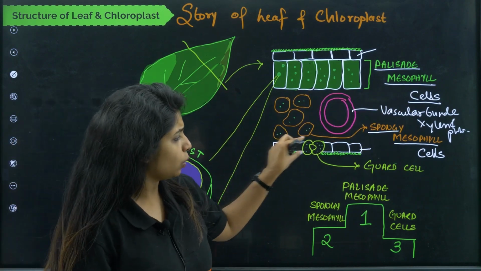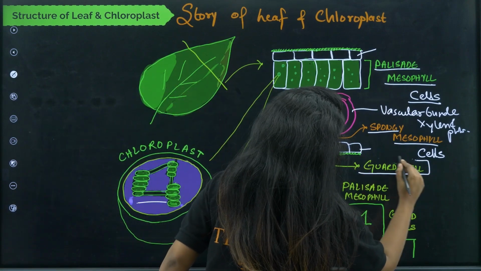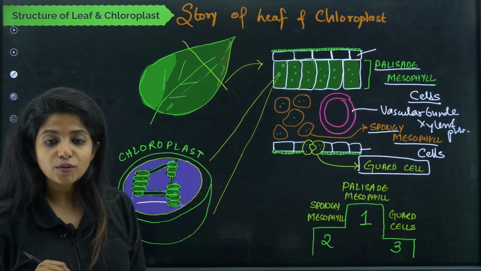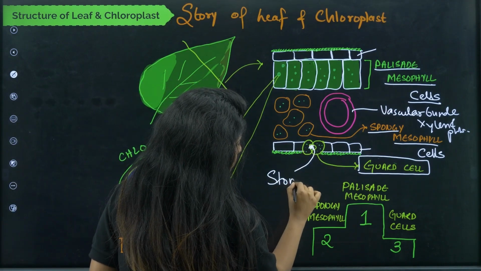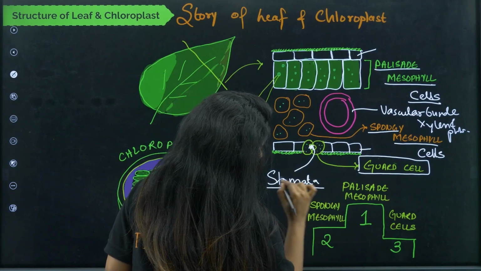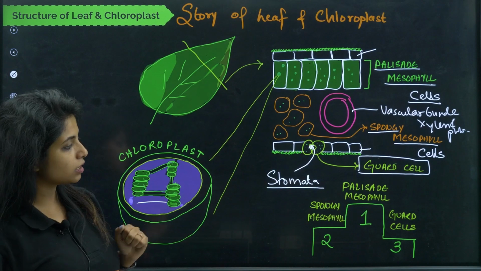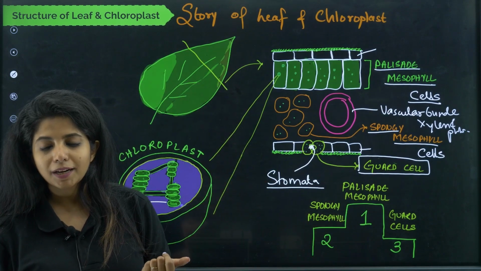The lower epidermis also has one more set of cells which you call guard cells. They guard the opening known as stomata. First position goes to palisade mesophyll, second to spongy mesophyll, and third to guard cells. What do I mean by that?